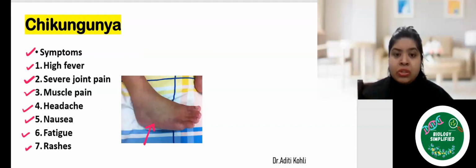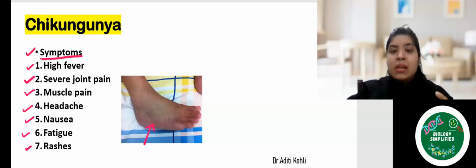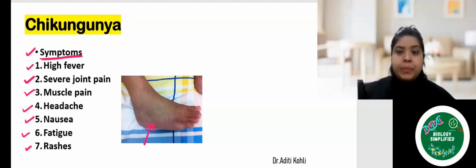It is just the prevention that we can take, and the treatment is basically focused on relieving these symptoms. This gives symptomatic relief to the patient, and the illness will subside after its course. So this was about chikungunya.